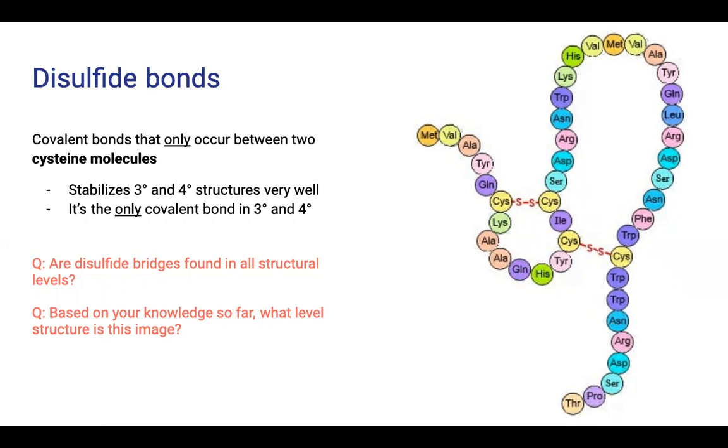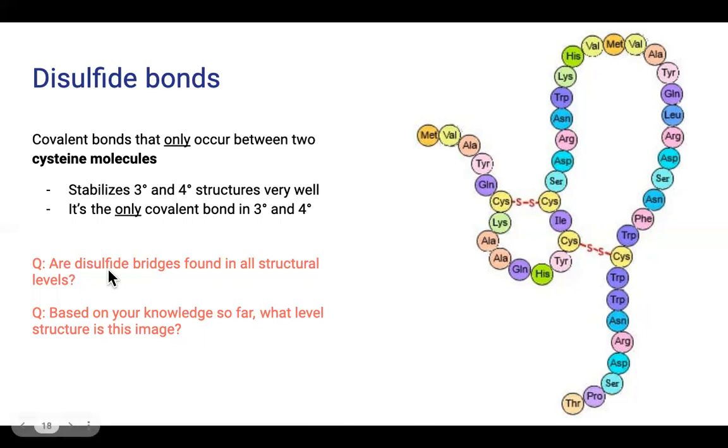Disulfide bonds only occur between cysteine molecules, so you can only have them between two cysteines. Because they are covalent bonds, they are extremely strong, so they stabilize tertiary and quaternary structures very well. They're the only covalent bond because all the other ones are not covalent.